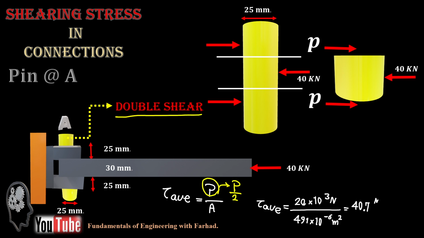You can replace it with half of the force, or double the area. Either works. You use two of the areas, or just divide the force by 2, because each of these forces is 20. That gives you a tau average for the double shear at A equal to 40.7 megapascal.